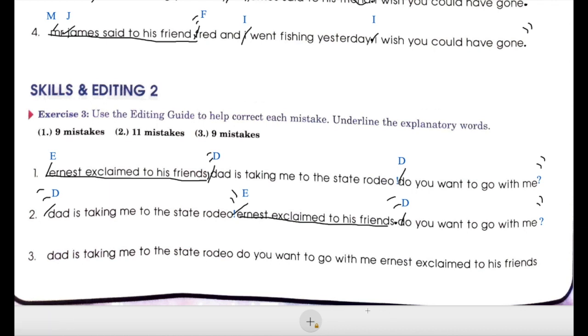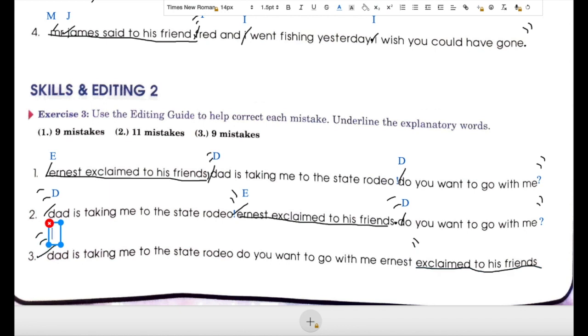Explanatory words come at the end. Underline them. Put in your quotation marks. Capitalize Dad. Put an exclamation point at the end of the first sentence.